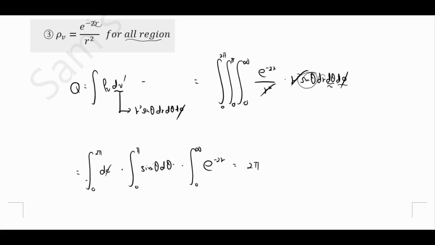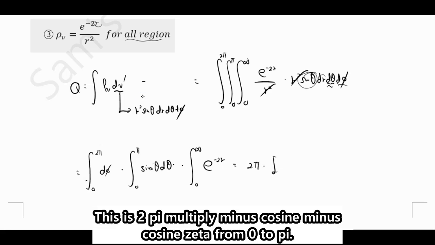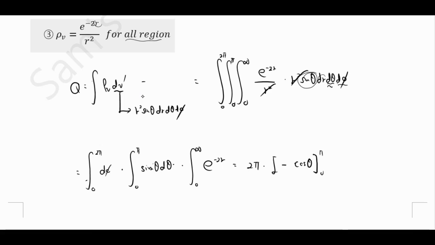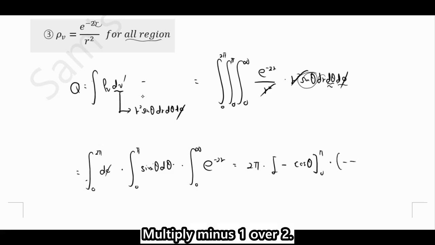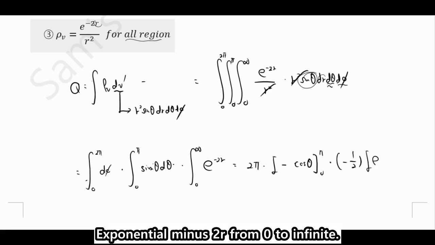This is 2 pi multiplied by minus cosine theta from 0 to pi, multiplied by minus 1 over 2 exponential minus 2r from 0 to infinity.